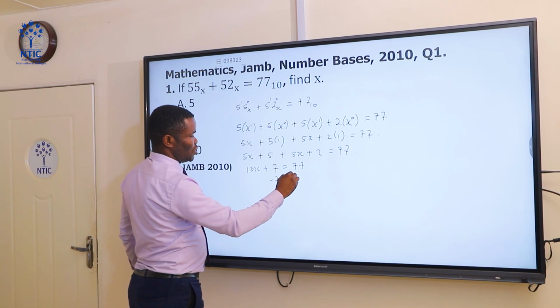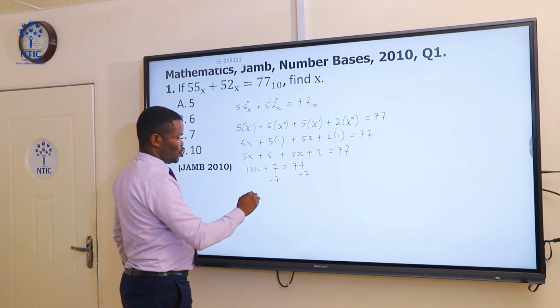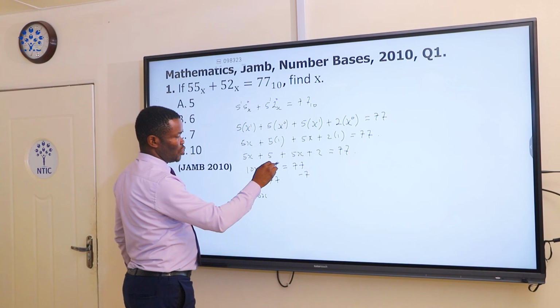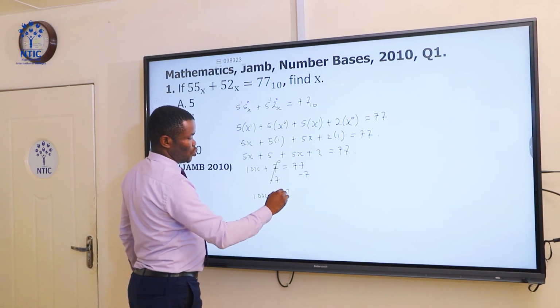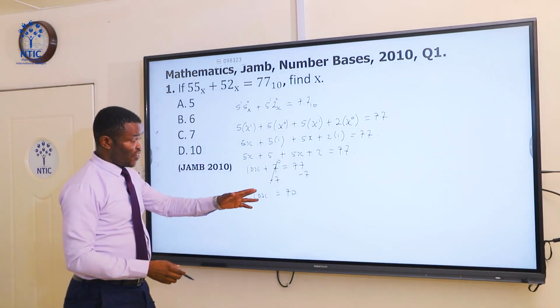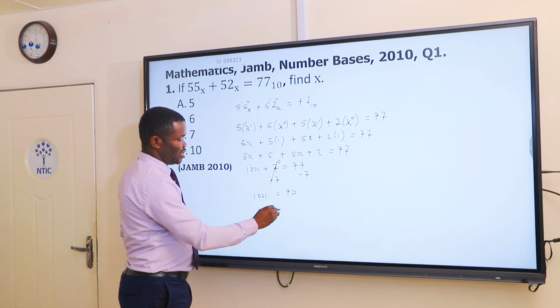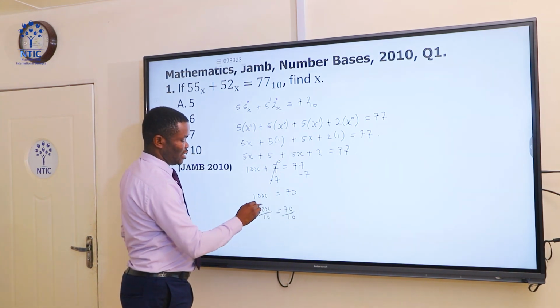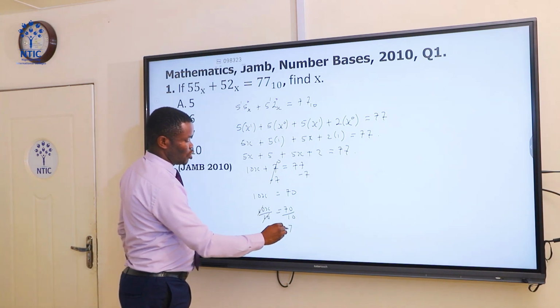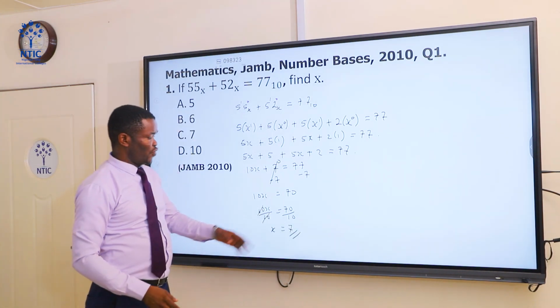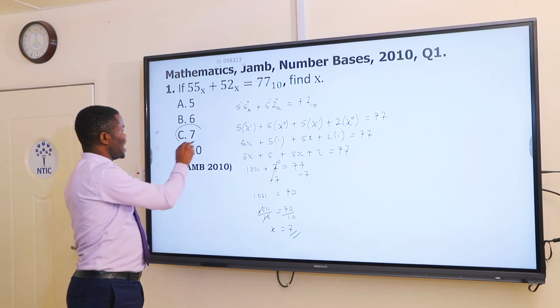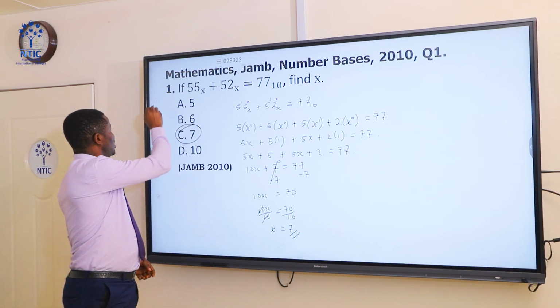So this is going to be 10x equal to 70. We divide both sides by 10 to have 10x divided by 10 equal to 70 divided by 10. So x is going to be equal to 7. So the result for this is 7. So the answer is C.